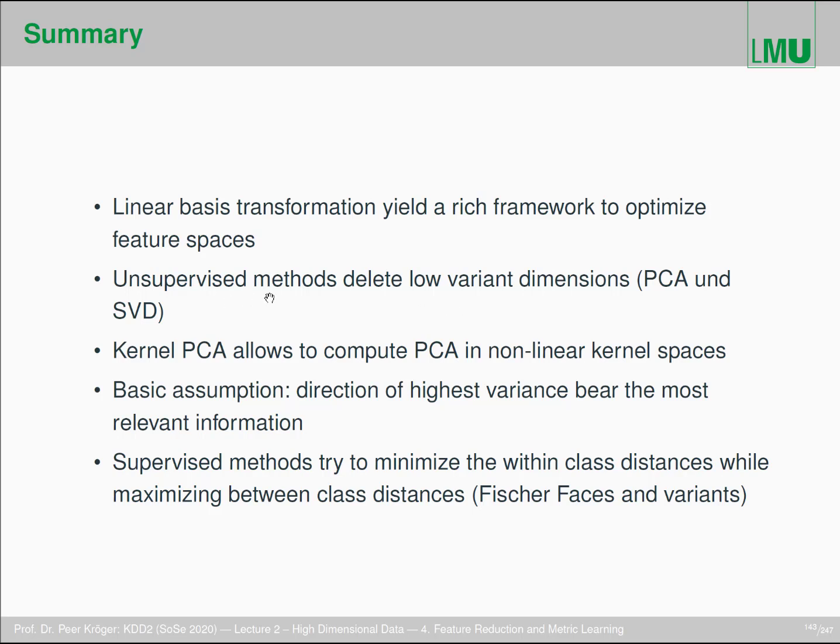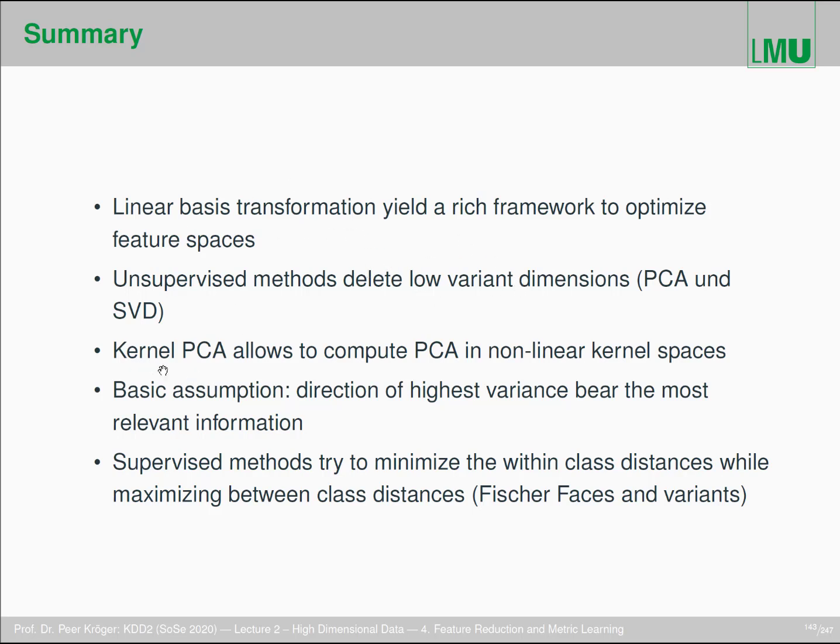They of course rely again on specific assumptions, like in that case PCA and SVD. They delete the low variance dimensions, so they look for those directions that have a high spread, a large variance, and so the basic assumption is that those directions, those new features, provide more information for finding the patterns.